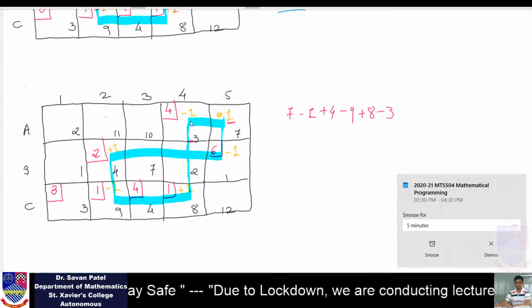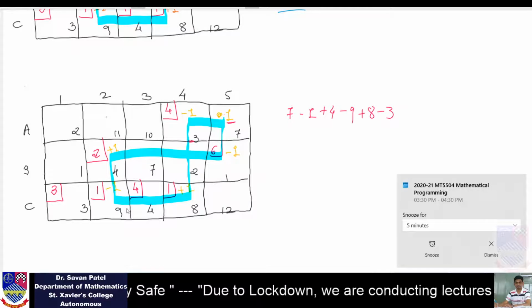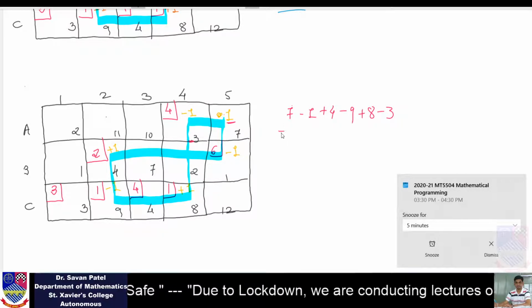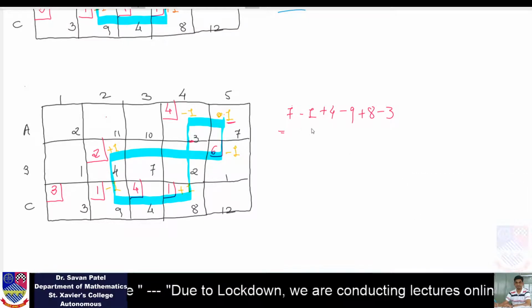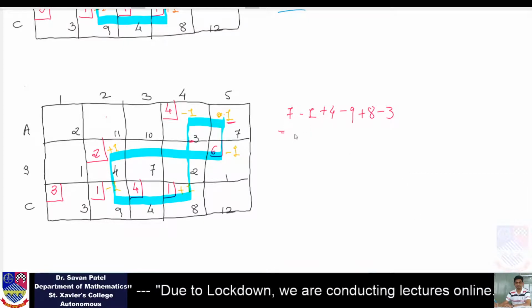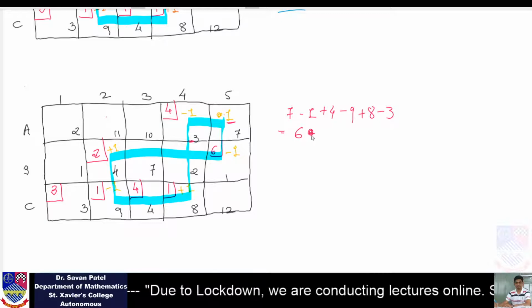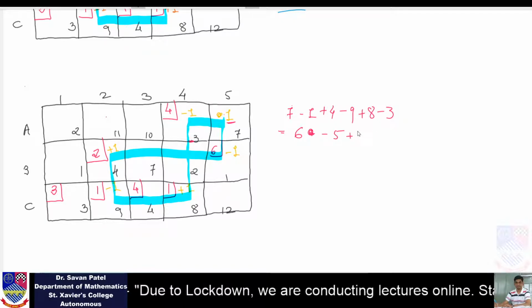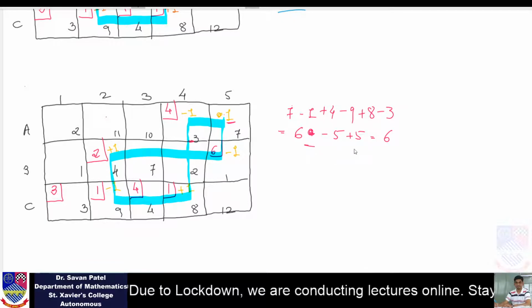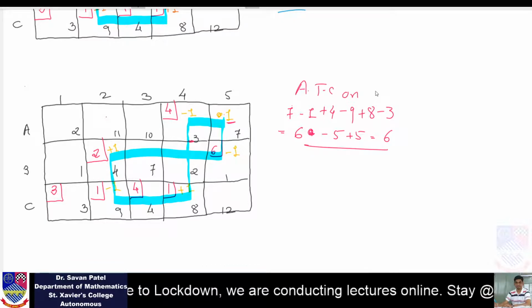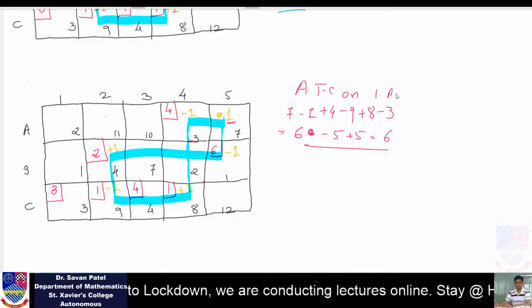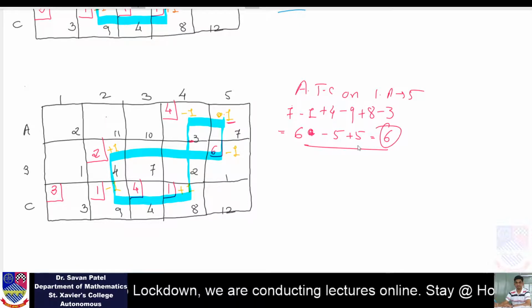So we have 1, 2, 3, 4, 5, 6. So we have 7 plus minus 1, so it is 6. Sorry, minus 5 plus 5, so it is 6. So the additional transportation cost on transporting 1 unit from A to 5 is an extra 6 rupees.